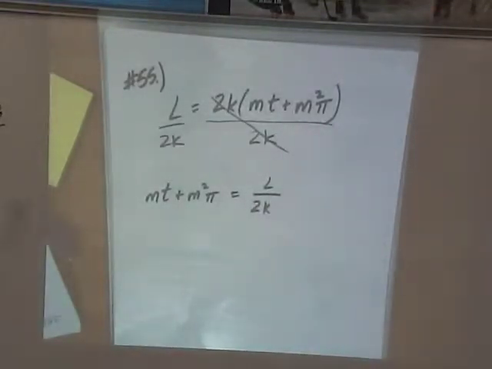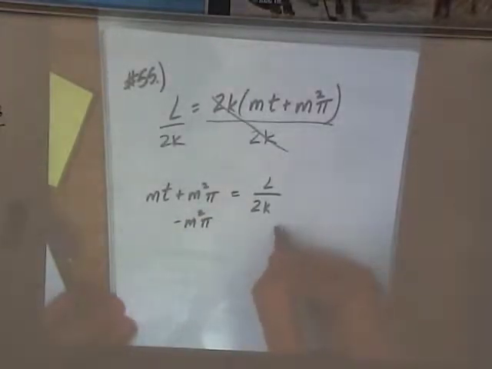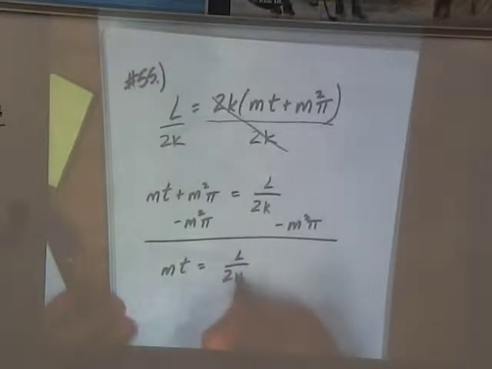Getting closer. Now what? Divide by M. I've got to get rid of this first, don't I? Subtract it over. Minus m squared pi to both sides. So I've got mt is equal to L over 2K minus m squared pi.